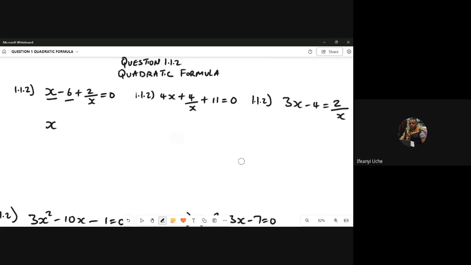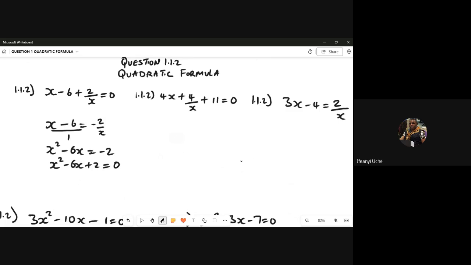And then I say x minus 6 equals, since this side is 0, negative 2 over x. I cross multiply like this. I'm still going to get x squared minus 6x equals negative 2, which when I bring the 2 over is going to be x squared minus 6x plus 2 equals 0.